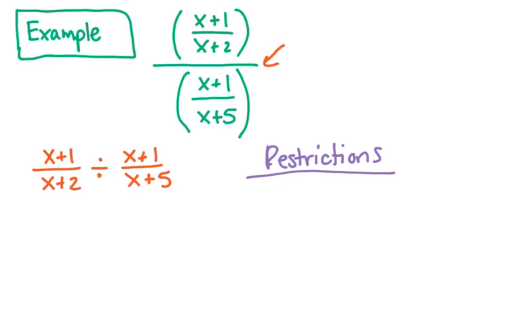So my restriction for this first fraction is that x cannot equal negative 2, because negative 2 plus 2 would be 0, and I can't have a 0 on the bottom. It also can't equal negative 5 because of the second fraction. And so those are my restrictions for now.